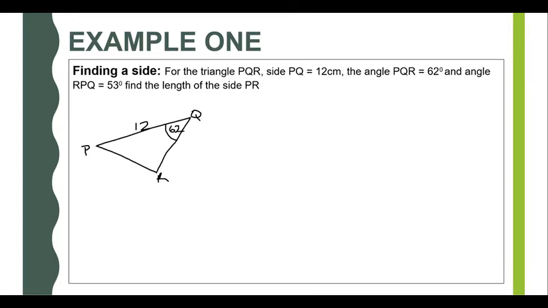And the angle RPQ, so the angle at P, the middle letter, is 53. And the thing that we're asked to find is the length of PR. So let's call that X.